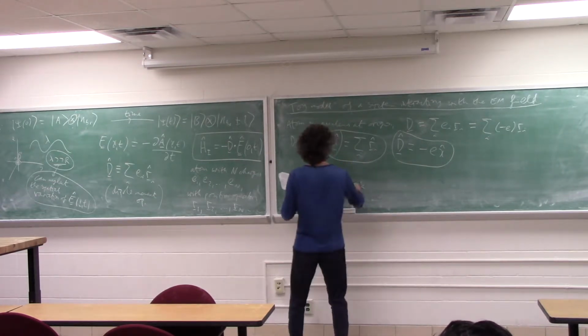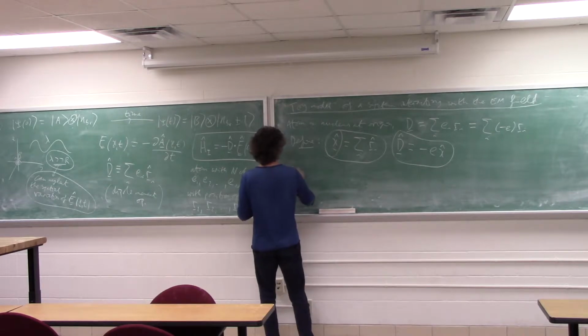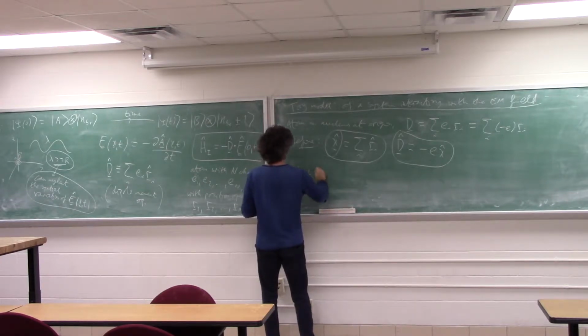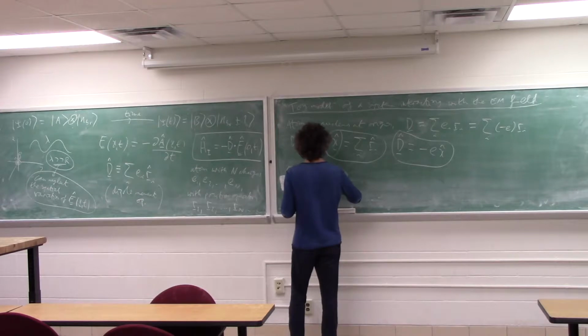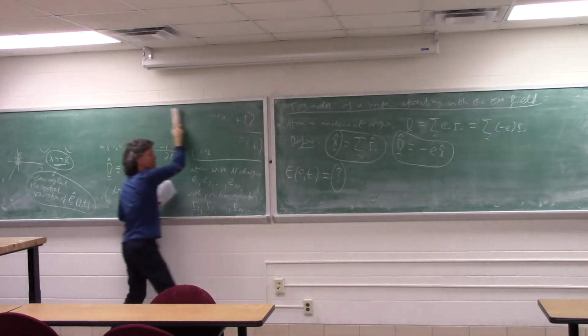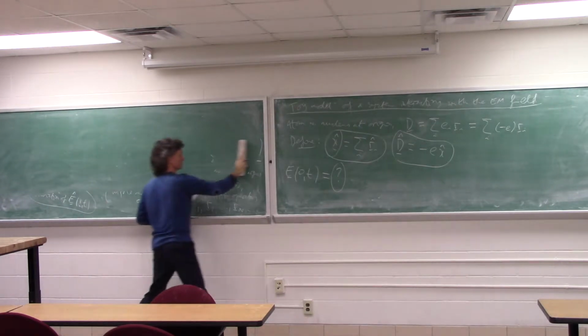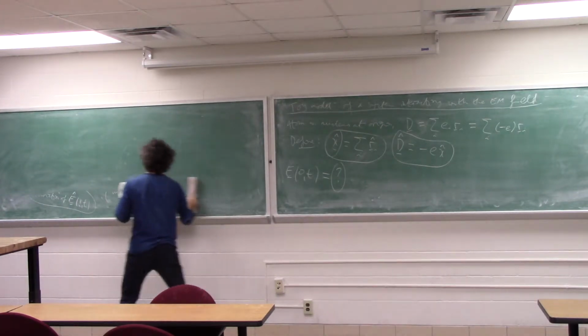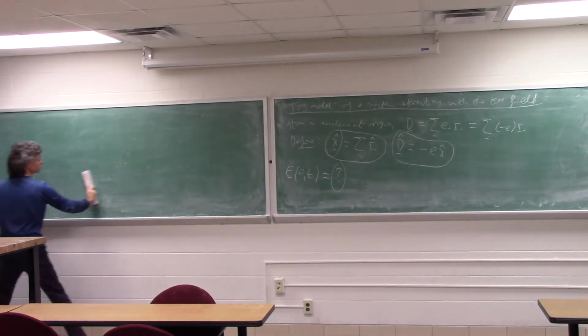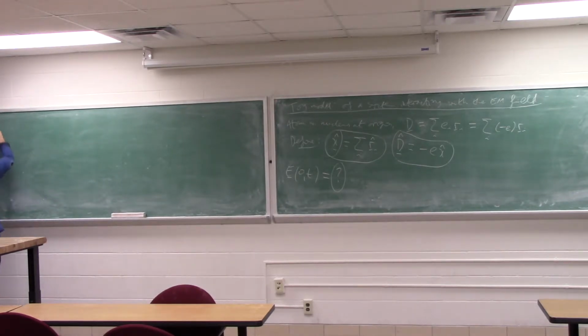And now we need to work out what is the electric field operator at the origin. What is the electric field operator at the origin? So, that's easy enough. So that's just to make sure we understand exactly what we're doing.